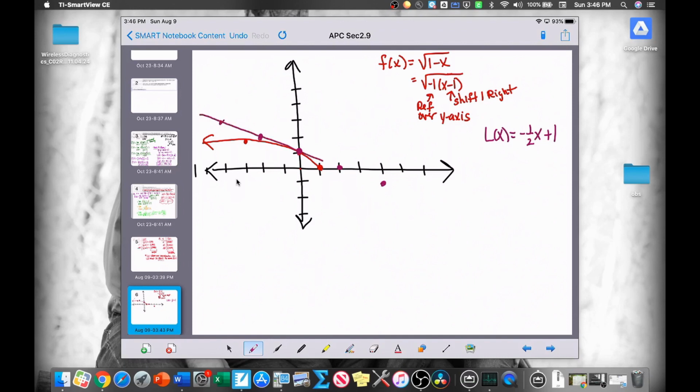So here is my L of x. And as you can clearly see, L of x is tangent to the curve at the point (0, 1). That was my a, f of a. And L of x does indeed lie above the curve, which proves that the work that I did during the rest of the problem is correct.